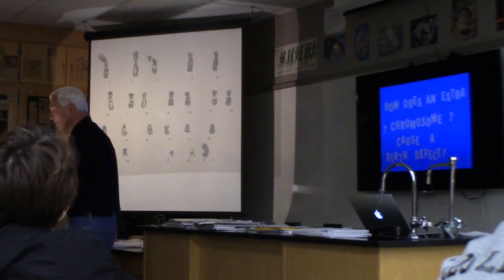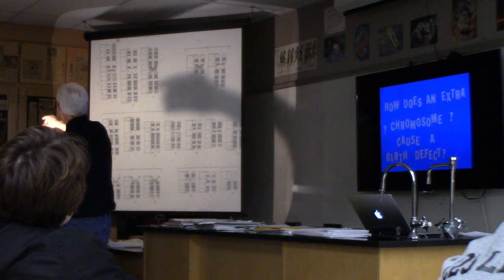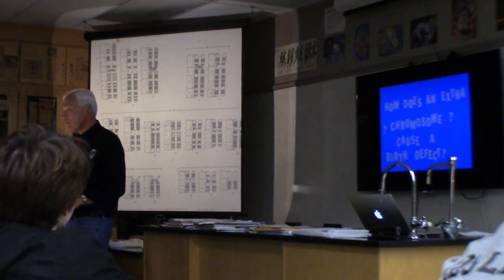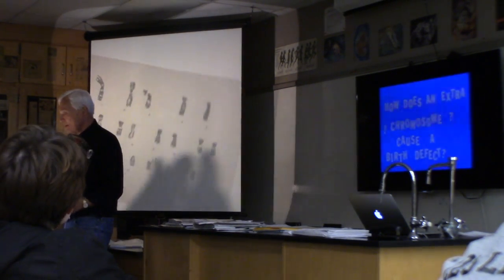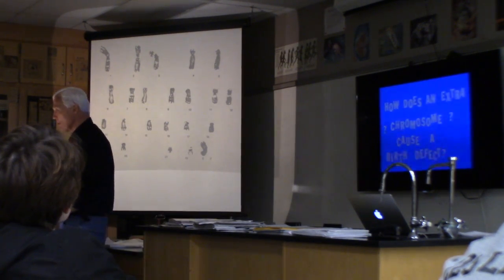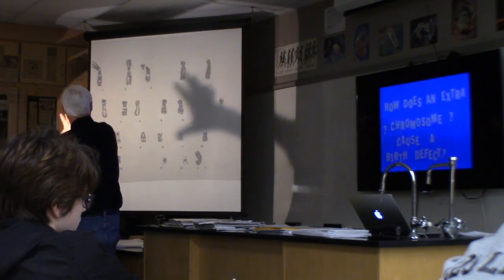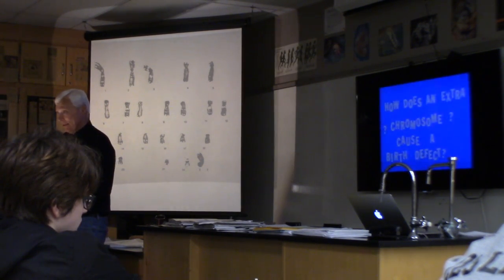Here's another way of looking at the ploid. You've got a chromosome number 1 that looks like that, and number 2 that looks like that. You've seen this before, right? There's your ploid. Now that's only one set of chromosomes there. So sometimes we call this situation monoploid.